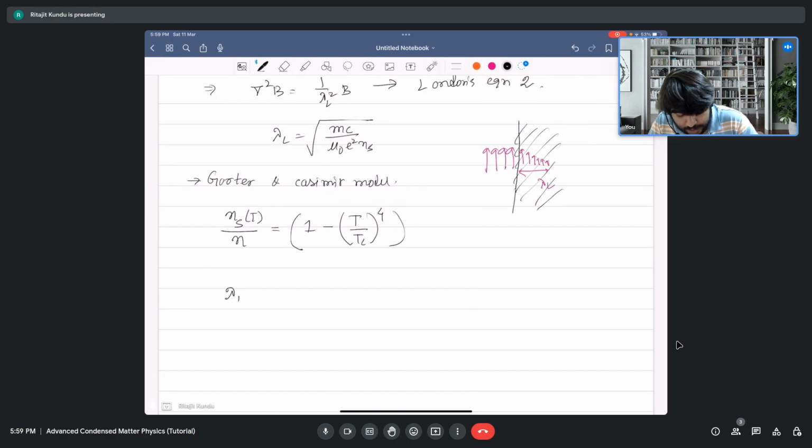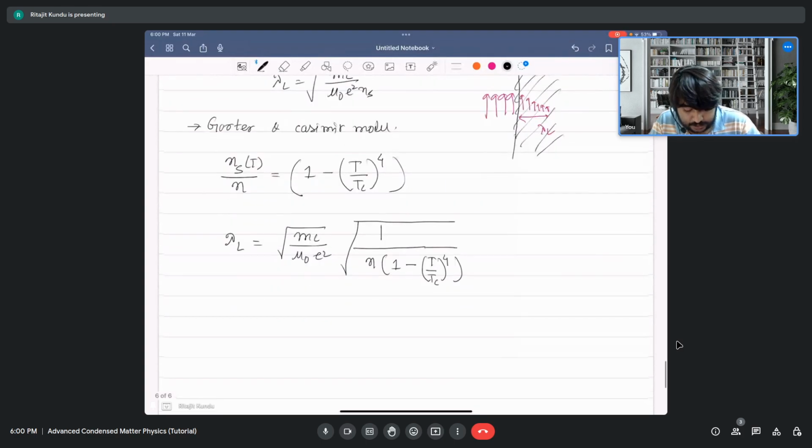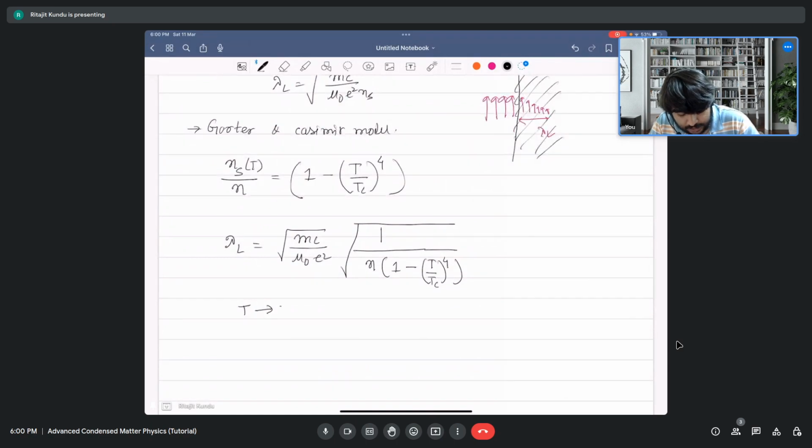Lambda L will be the square root of mc over mu naught e square n times 1 minus t by tc to the power 4, where n is the total particle density. As t reaches tc, the 1 minus t by tc to the power 4 becomes 0, and lambda L is infinity.